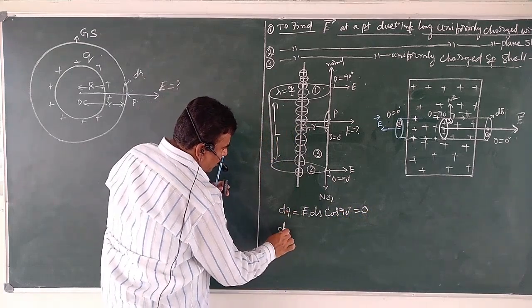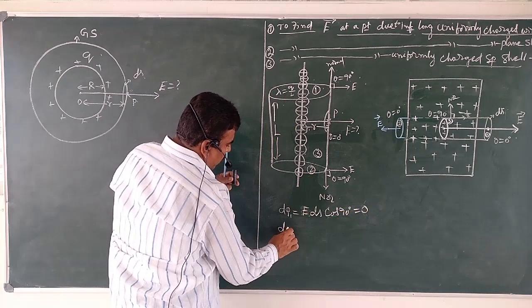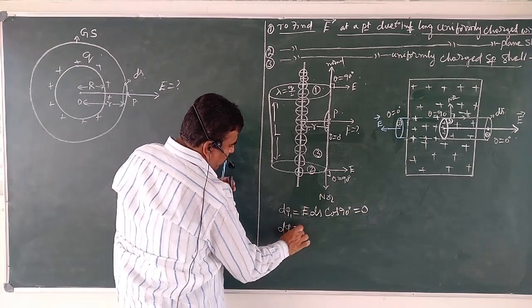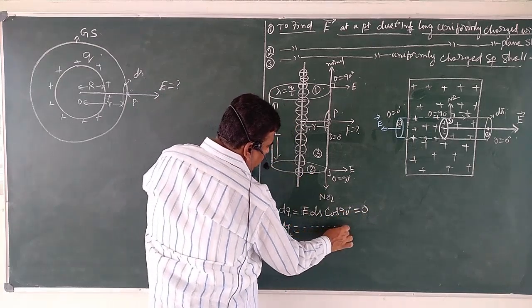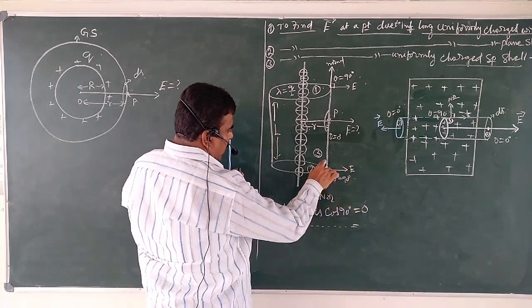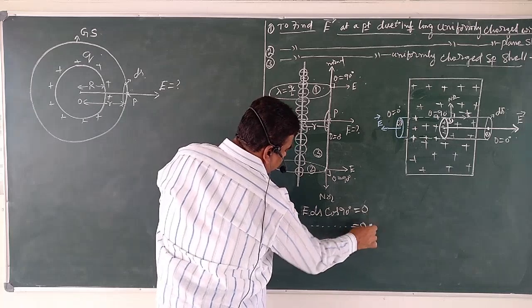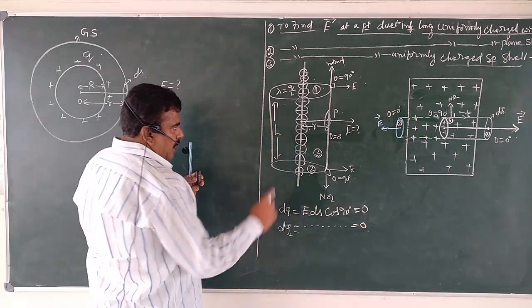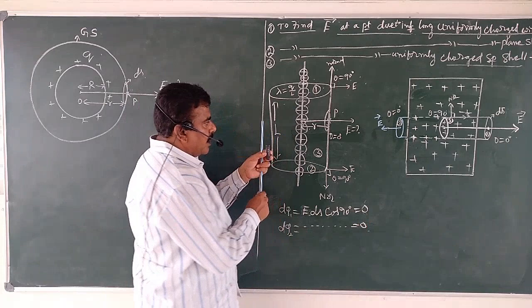Similarly, through the lower circular surface, dφ2 is the same thing. Here also theta is 90 degrees. The electric field is like this, the normal is like this, so the electric flux is 0.